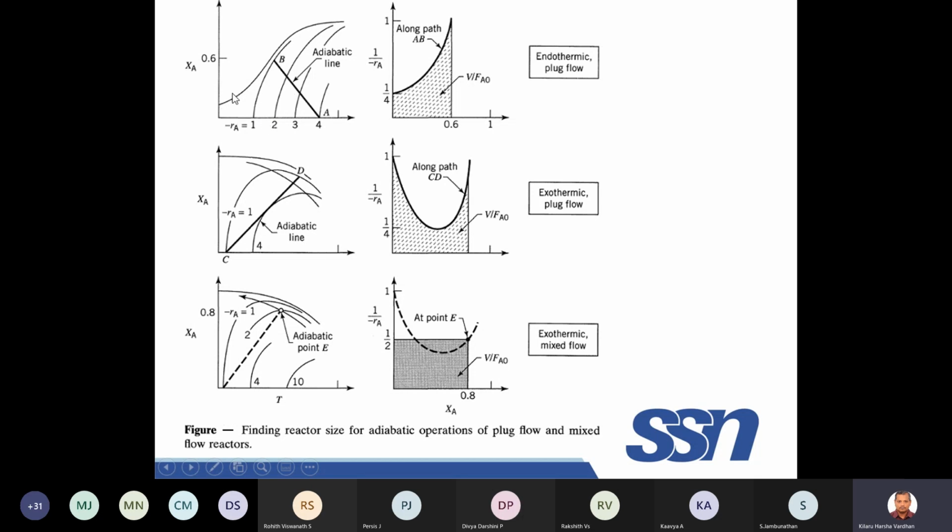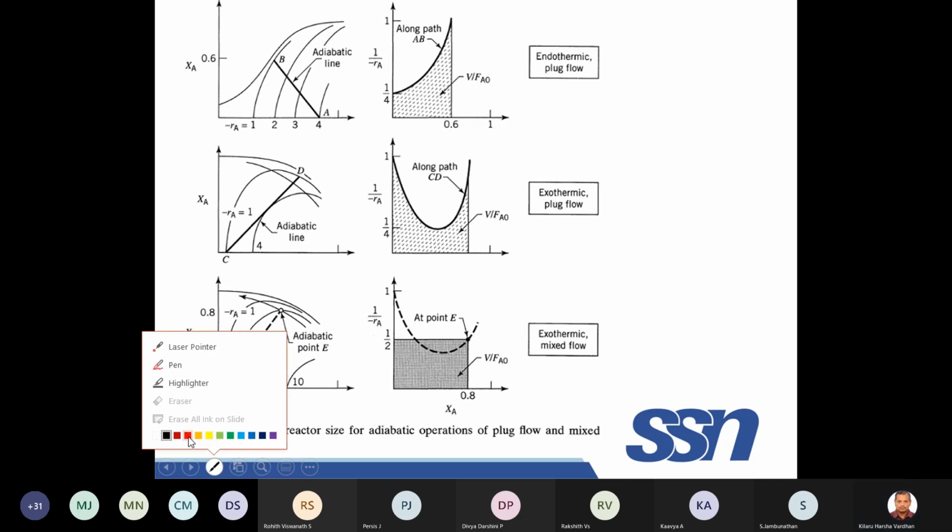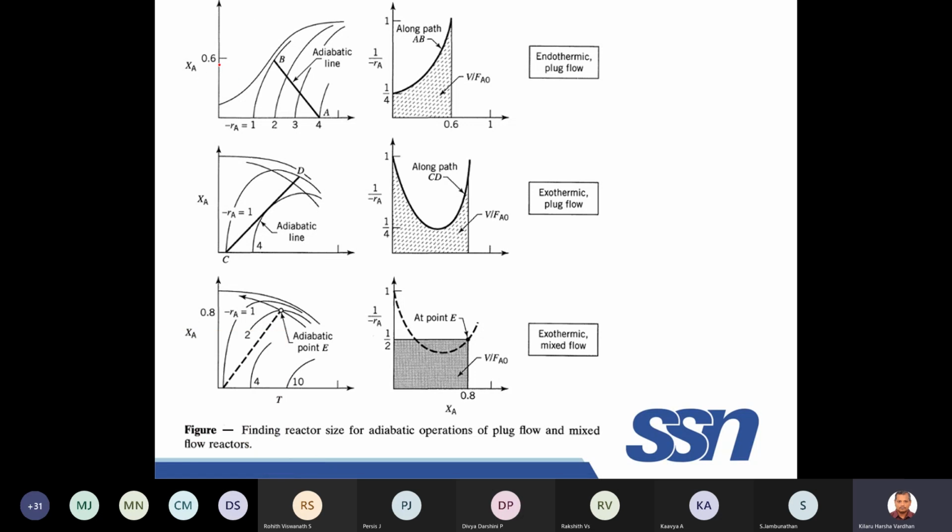This point is XA, this point is also XA, and this is also one more XA. So for these corresponding XAs, this is 1, 2, 3 and 4, each at a particular T.